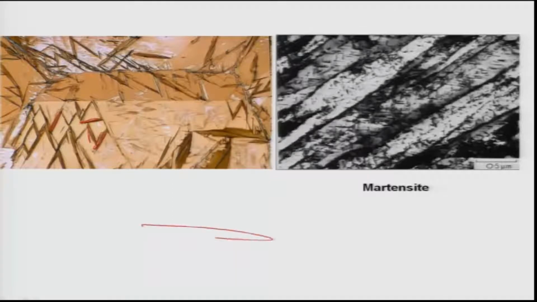In some cases they look like this, or like this. I am drawing one of them. They are actually internally twinned. They have twins inside each of these martensite plates. That is why they look faulted.